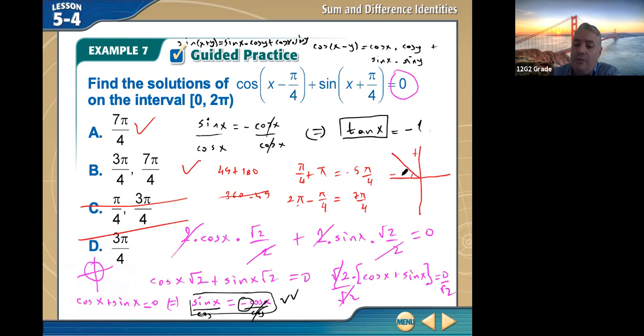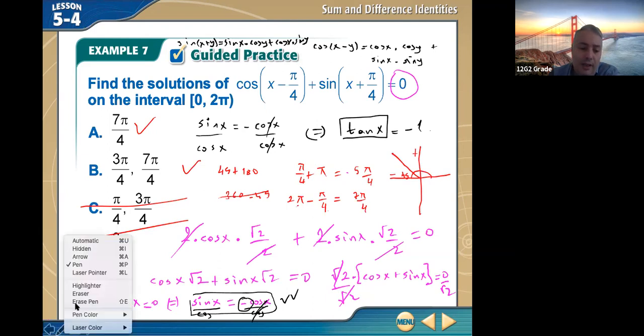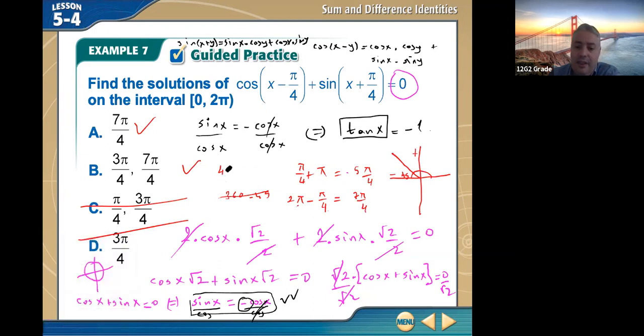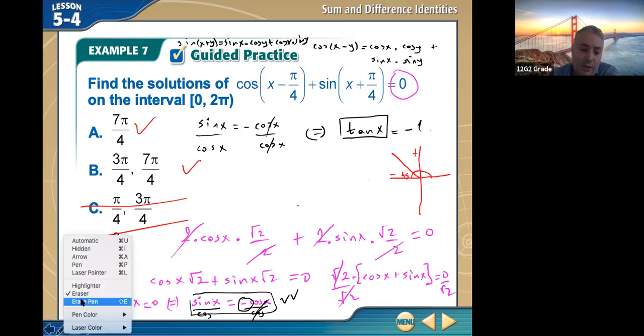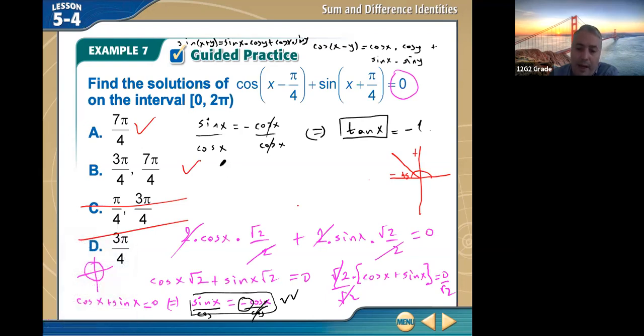So if this is 45 degrees, I need this one. This is equal to pi, which is 180, minus pi over 4, which is 45. So it is 3 pi over 4.